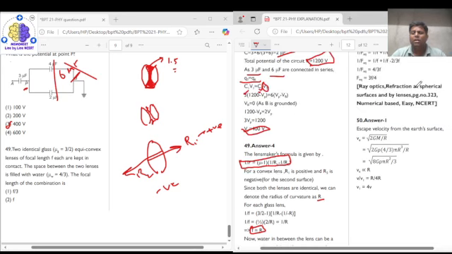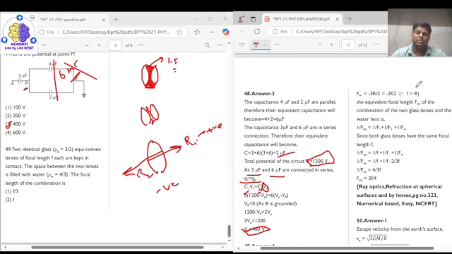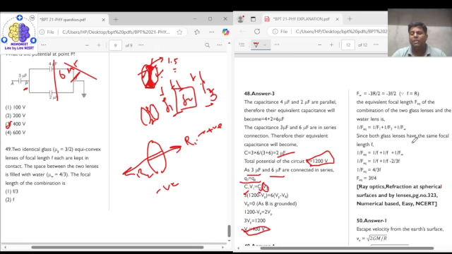Although we are bringing only two convex lenses in contact, this arrangement would appear as if there are three lenses in contact: one convex, then a concave, and then a convex. So the equivalent focal length is given by 1 upon f equals 1 upon f1 plus 1 upon f2 plus 1 upon f3, where f1 and f3 are the focal lengths of the two convex lenses and f2 is the focal length of the concave lens formed with the help of water.